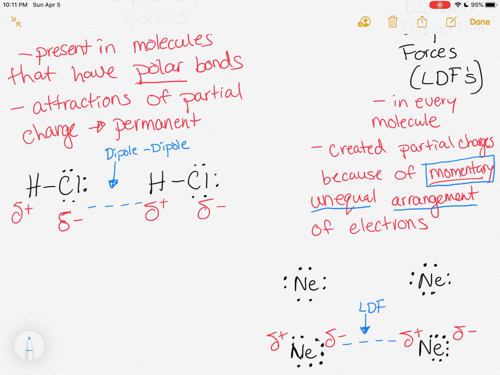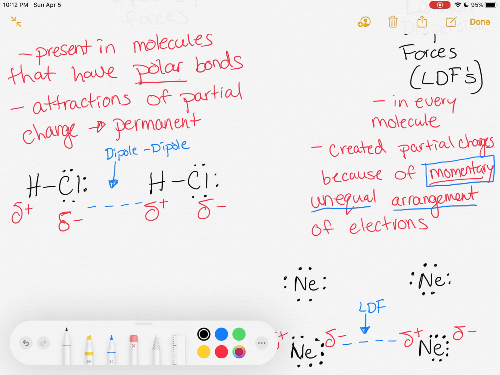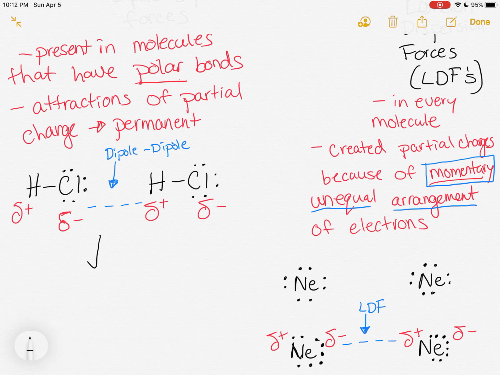Those charges are partially there because of the unequal distribution of electrons that's permanent in those molecules. Versus in LDFs, that unequal distribution of electrons is a momentary happening. Okay. So we have those dipole-dipole forces, LDF forces. Those are all van der Waals forces. There actually is one more, and it is a special kind of dipole-dipole. It's one you might have heard of before, and it's called hydrogen bonding.